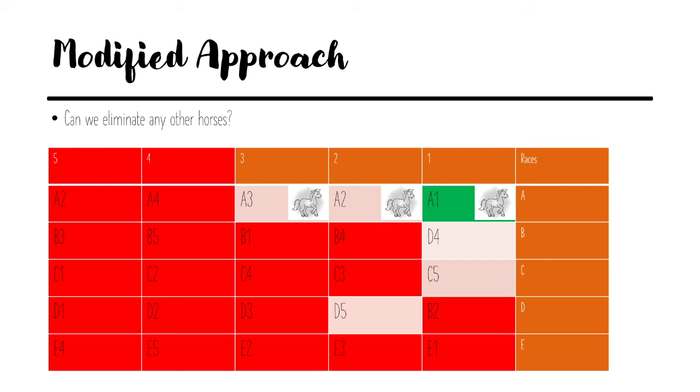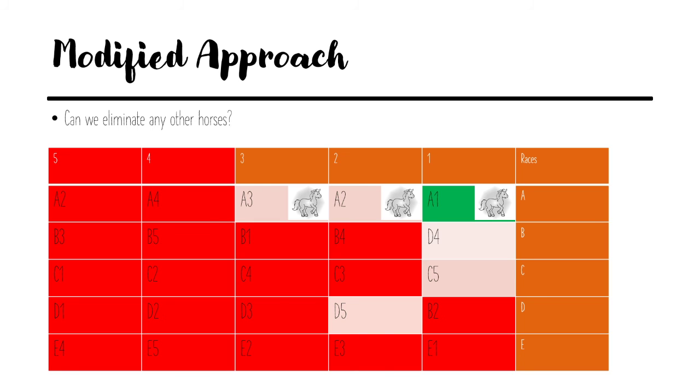So let's think logically about this. A1 is the fastest horse. The second fastest horse, A2, can be eliminated. Can we eliminate A2 without the knowledge that it's the second fastest horse? Let's think about it. You cannot, because you simply don't know. It's the whole column in whatever version of this problem statement.